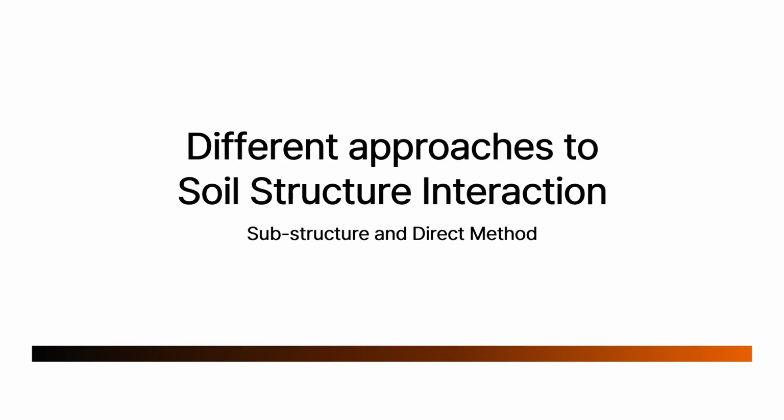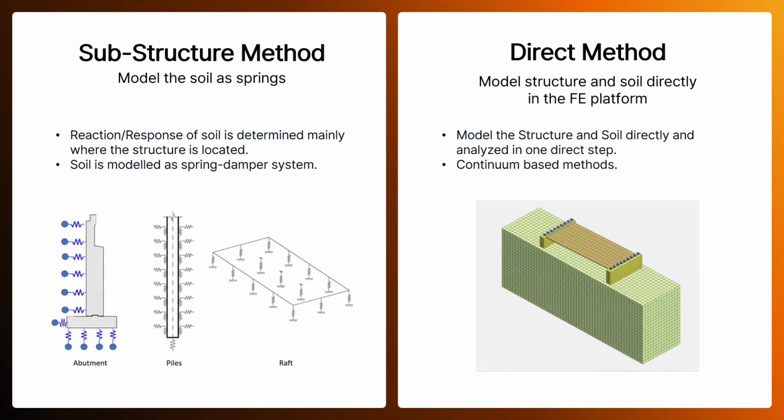So let us discuss the different approaches to soil structure interaction. These can be broadly classified into two methods, the substructure method and the direct method. In the substructure method, you model the soil as springs. The soil behavior, in essence, is modeled with force deformation curves or force displacement curves.